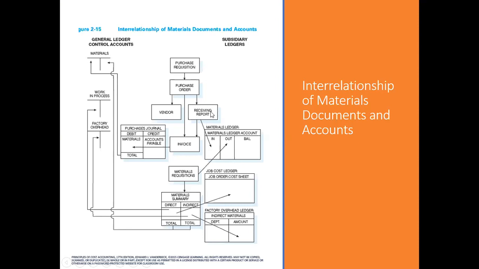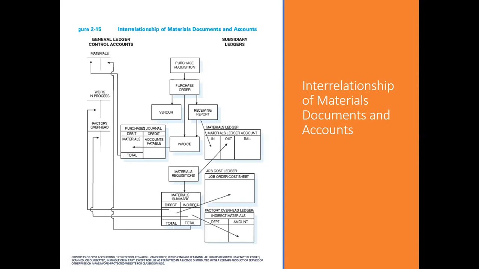Because once we receive these, we want a copy of the purchase order to go with the receiving report. So from that purchase order, we're able to adjust the material account, right? We're able to give that purchase order, hopefully with an invoice attached, to the accounting department. This is how our materials ledger and our purchasing journal get updated.